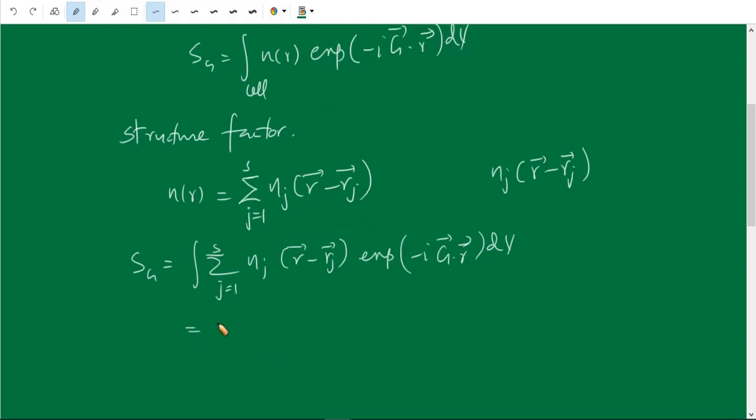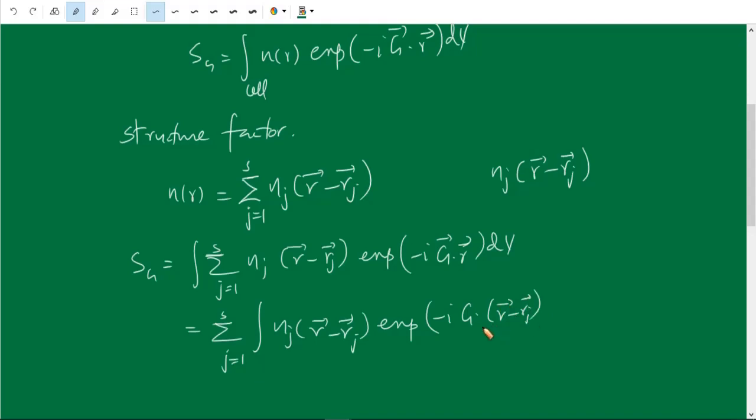So this can be written as summation over j is equal to 1 to s integral Nj r minus rj exponential minus i G dot r minus rj vector.